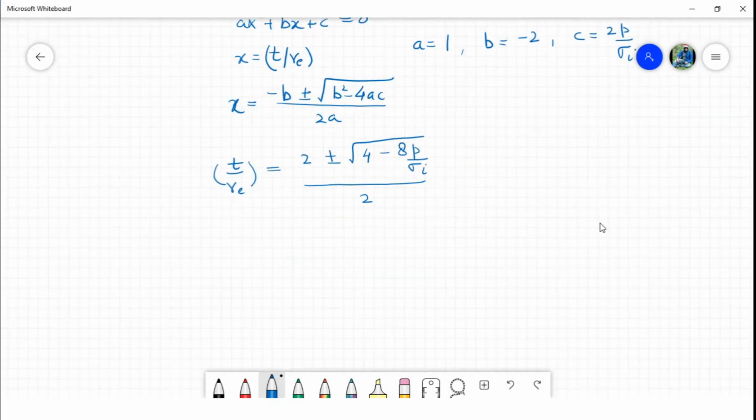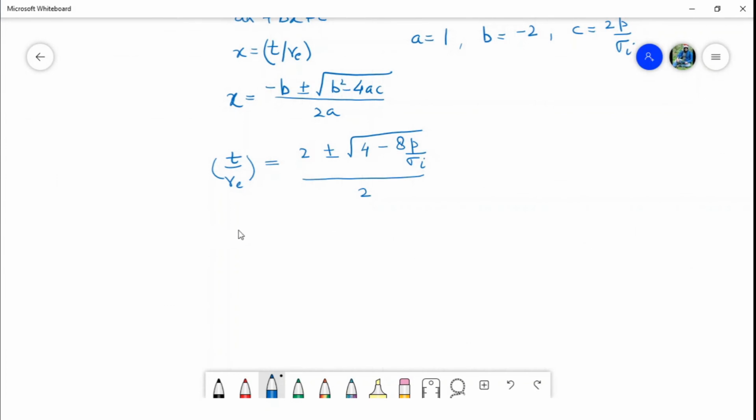So on simplification, we can have t is equal to Re times (1 plus minus the root of 1 minus 2P over sigma I).